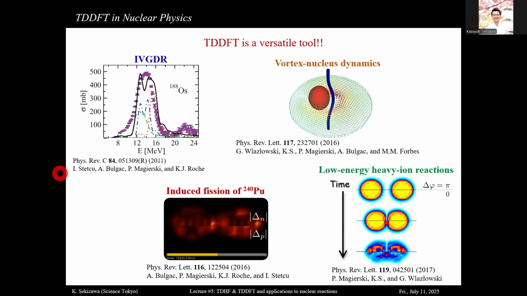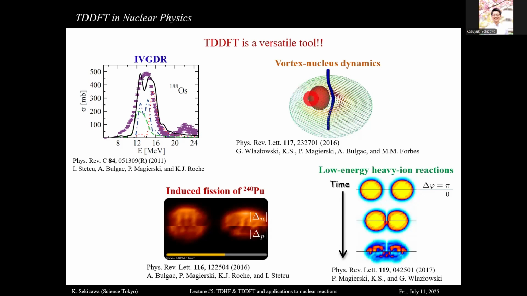One can also start from the elongated solution of the Kohn-Sham equation and evolve it in time to calculate the fission dynamics in real space and real time. And we can also calculate heavy-ion reactions by colliding two nuclei. I will show some examples later.